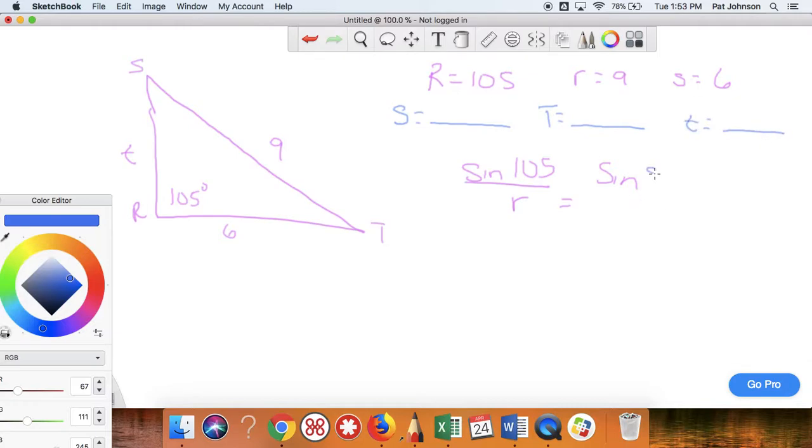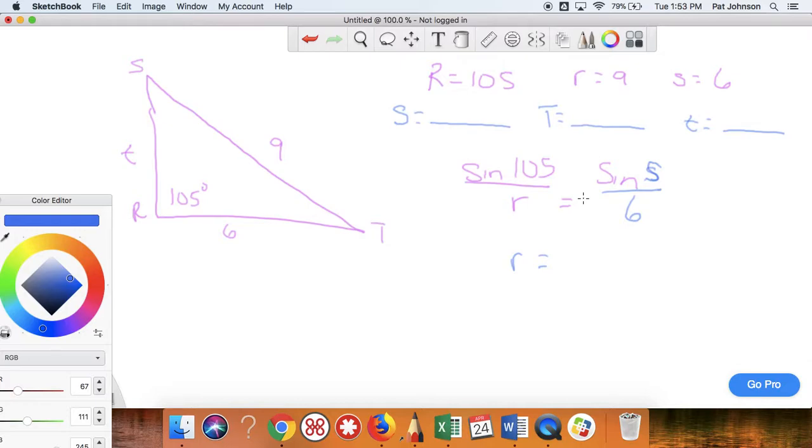So sine of S over 6, and we can just use algebra.